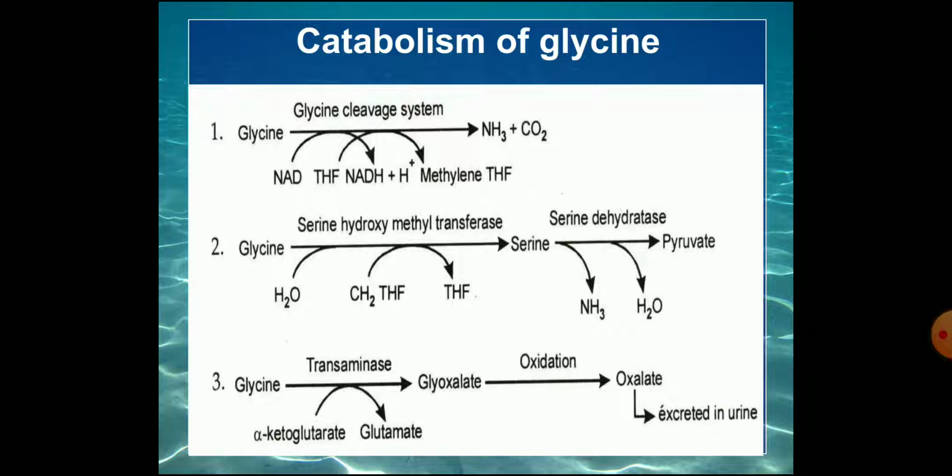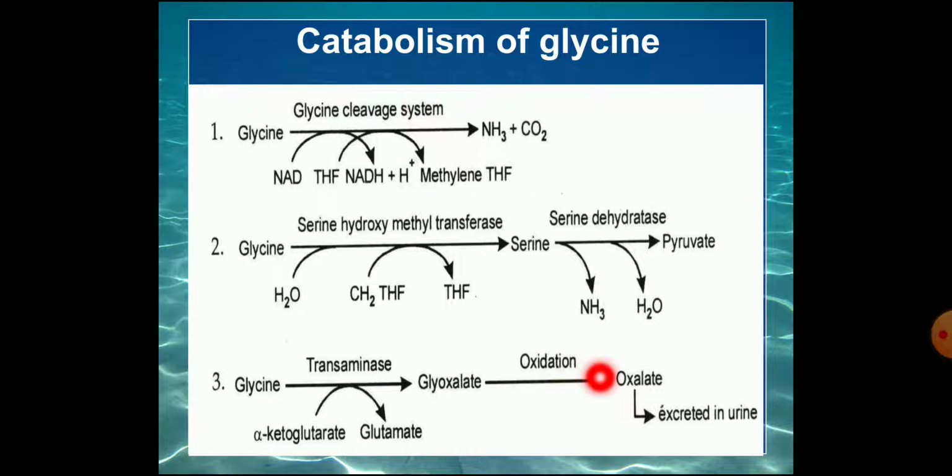Then another reaction is glycine on transaminase reaction producing glyoxylate. That is again what we noted in the synthesis of glycine. Glyoxylate on transamination with glutamate produces alpha ketoglutarate and glycine. So in the reversal, glycine plus alpha ketoglutarate will produce glyoxylate and glutamate by the transaminase enzyme, and this glyoxylate has a pathway, that is on oxidation it will produce oxalate, which is excreted through urine.